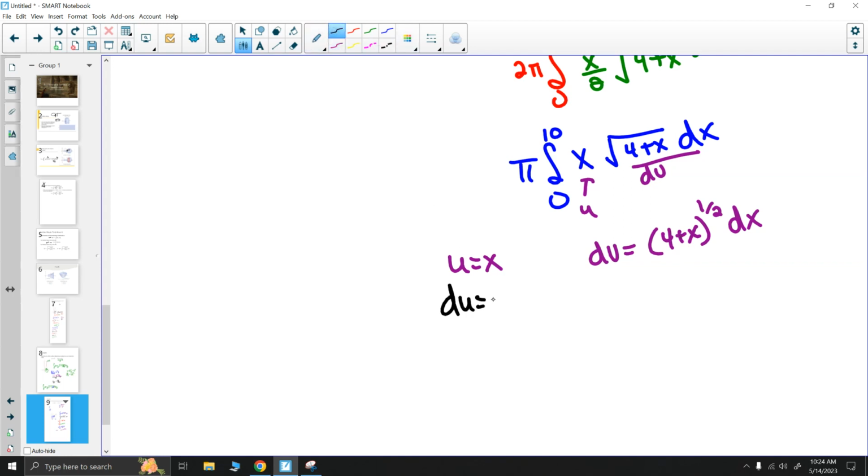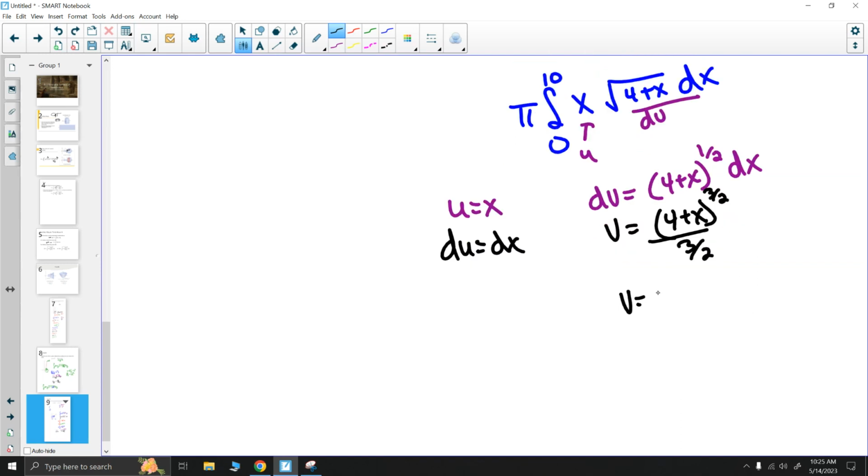So du then would be dx, and v would be 4 plus x to the 3 halves over 3 halves, divided by 1 as well, which is the derivative of the inside, but it's just 1, so it's no big deal. All right, so that means v is equal to 2/3 times 4 plus x to the 3 halves.